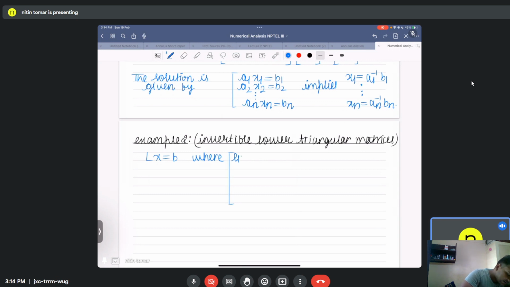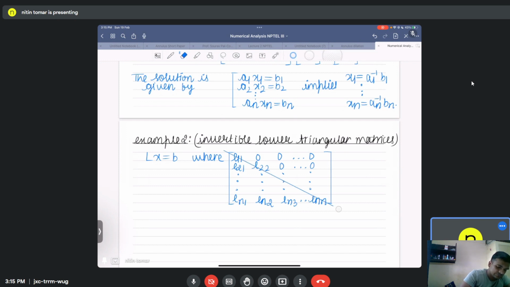L is your L11, 0, 0, 0, then L12, then L1n, oh, I have done it wrong, this should be L21. So see, above the diagonal entry, everything is 0, right?